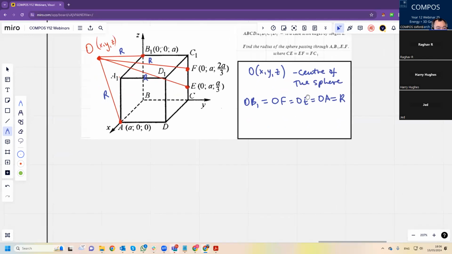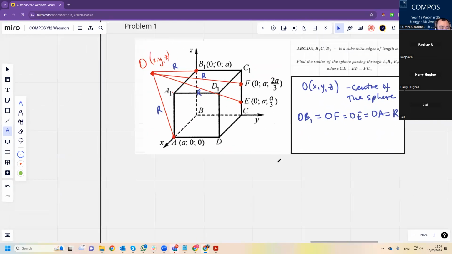So let's write down the values. The vector OB1 is equal to minus x, minus y, a minus z.